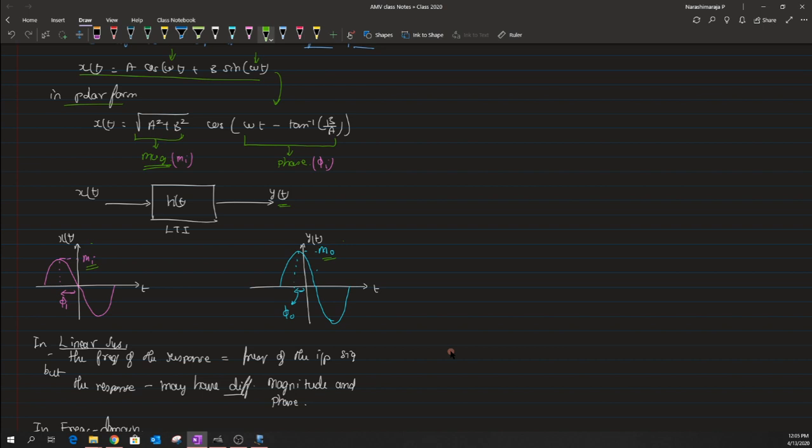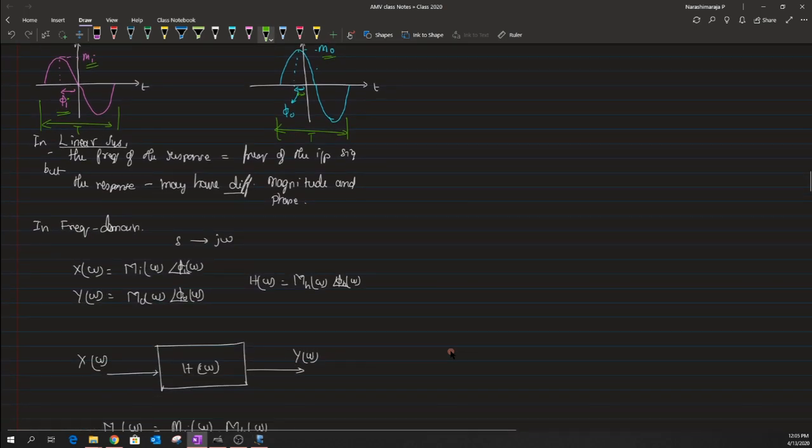Also the input signal has a phase phi i, whereas the output signal has a different phase. In that way both signals can change, but when we compare the frequency of the input and the frequency of the output, they both have the same frequency. That is why we call this an LTI system.